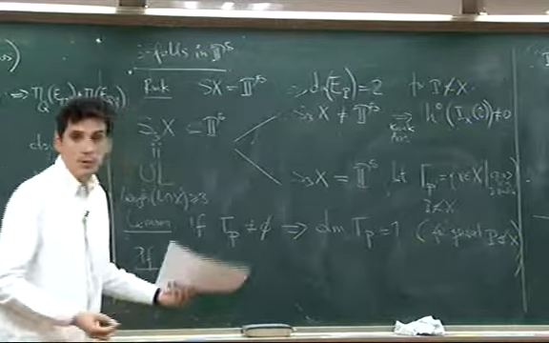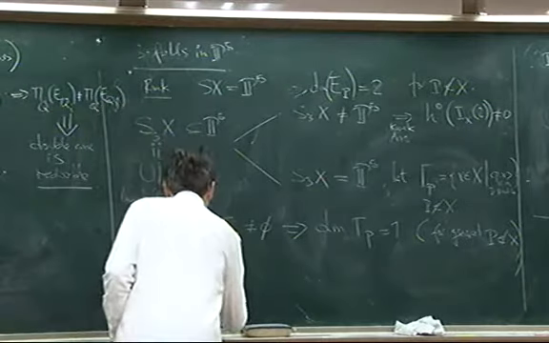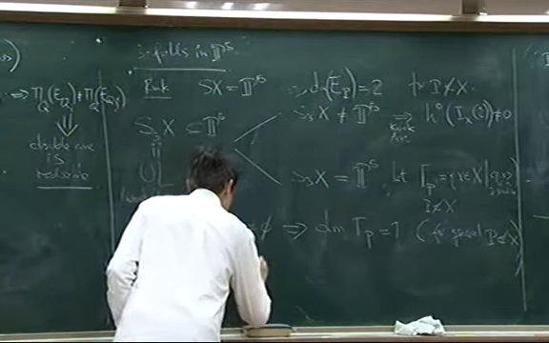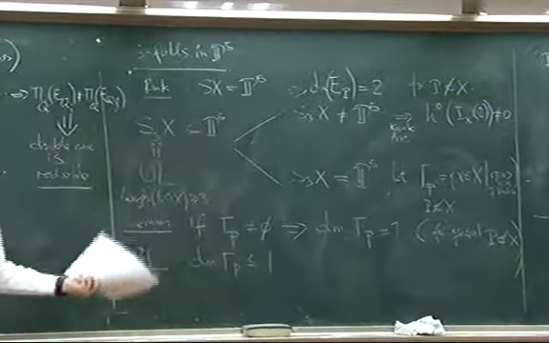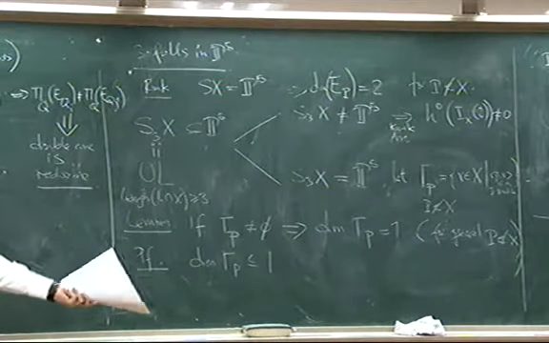Of course, the dimension is bounded by 1, right? If it was 2, then this contradicts the trisecant lemma.